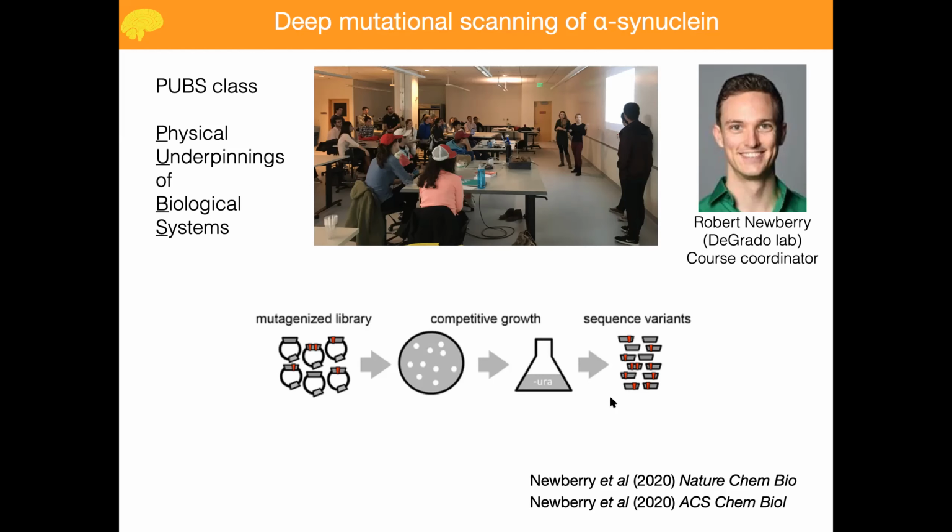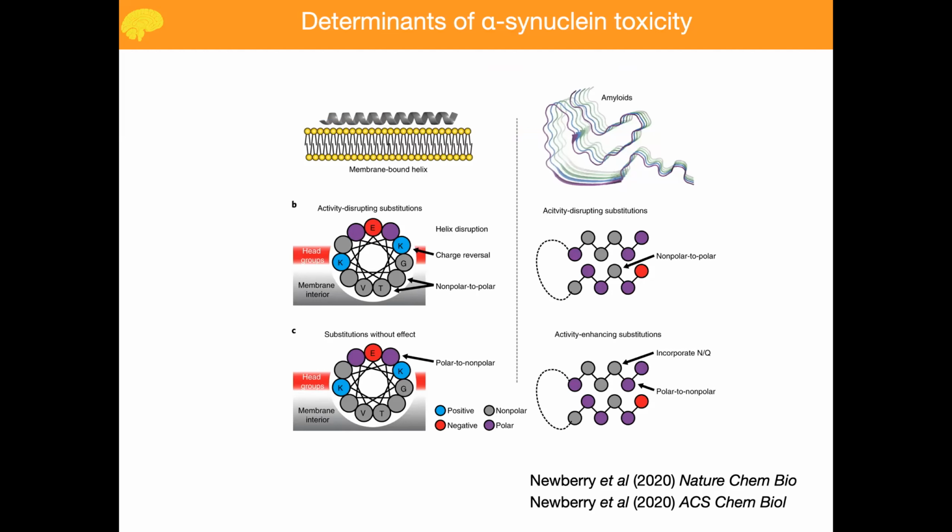And we were quite hopeful that data from this experiment could really help us differentiate between some of these major models that had been put forward for what the toxic species of alpha-synuclein is. Basically, the membrane-bound helix model, for example, presumably requires an amphipathic helix to be bound, where you need nonpolar residues facing the membrane interior and more hydrophilic residues on the outside, potentially even positive charges that stabilize this orientation by interacting with negatively charged phospholipid head groups.